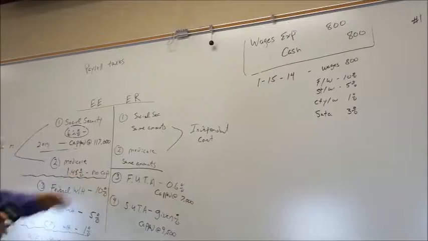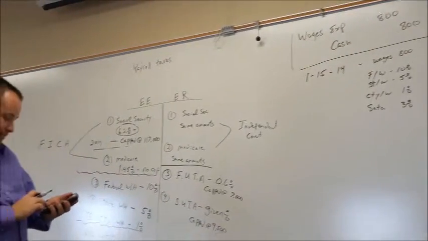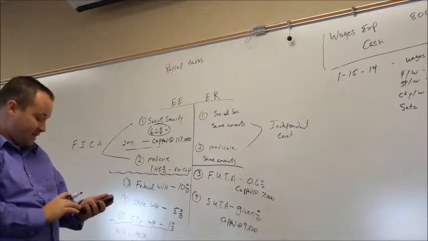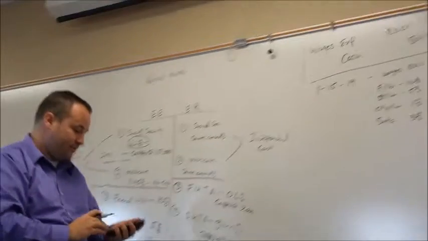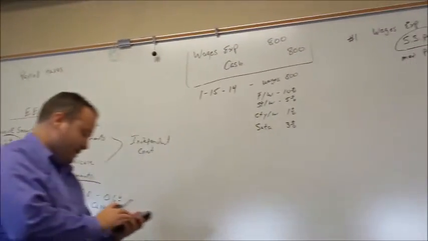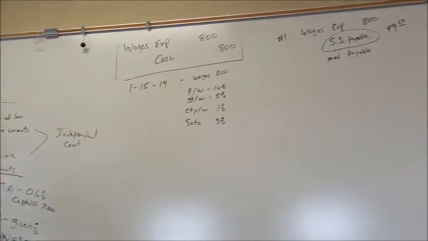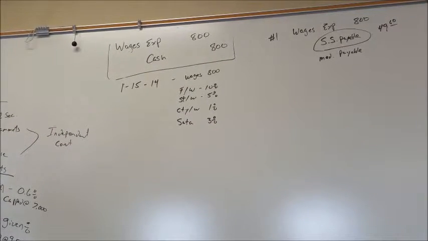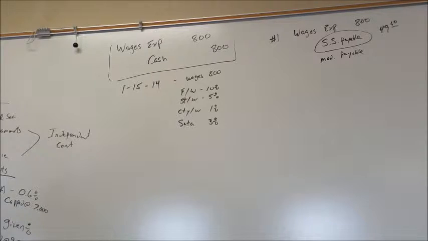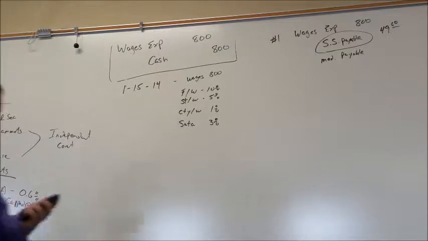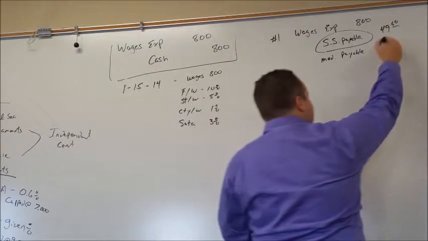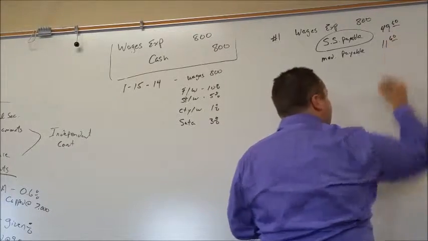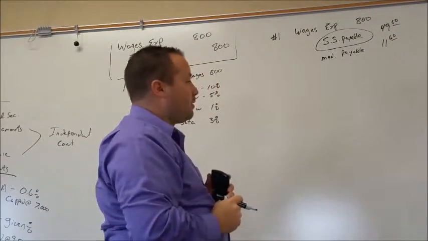So I remember back, it's 1.45% times $800. I didn't do that. Let's do it one more time. 0.0145 times 800 is $11.60. Another liability.